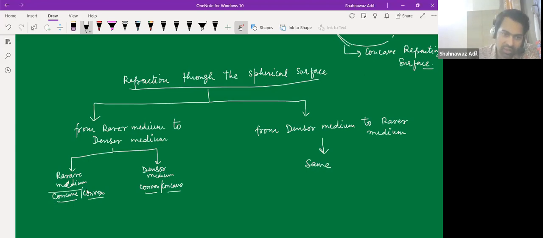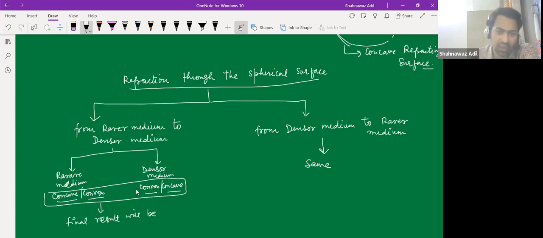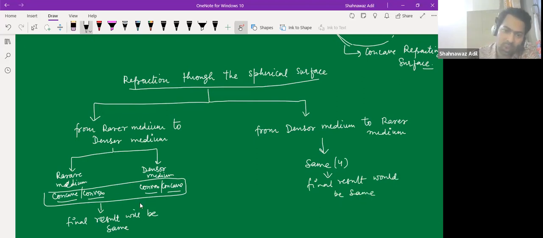But for all these four scenarios, the final result will be the same. So if we do one condition, then all the four are satisfied. And for these four also, the final result would be the same. So we will do one case from here and one case from here.